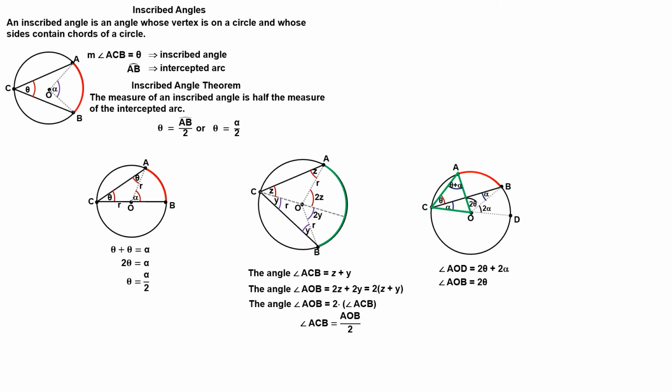The measure of the central angle is the same as the measure of the arc it intercepts. So the arc AB is 2 theta. The inscribed angle theta is the measure of the arc AB divided by 2, as required. We have completed our proof for this third case.